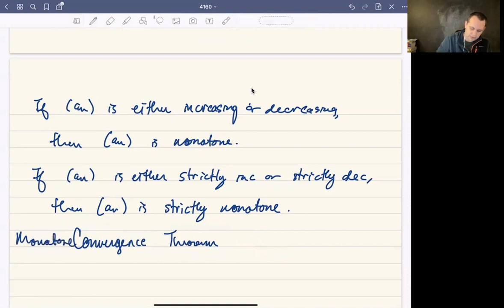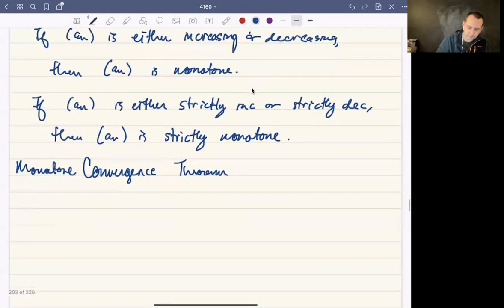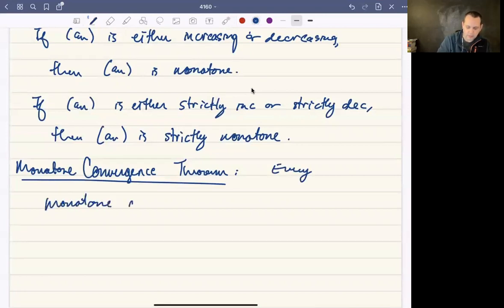And what this says is that every monotone and bounded sequence converges.